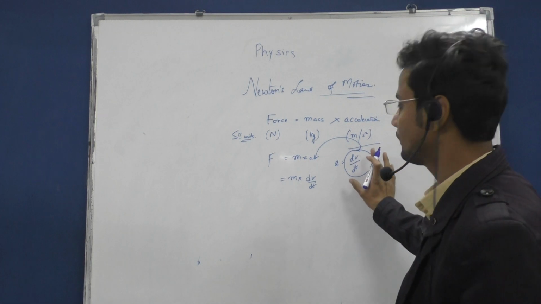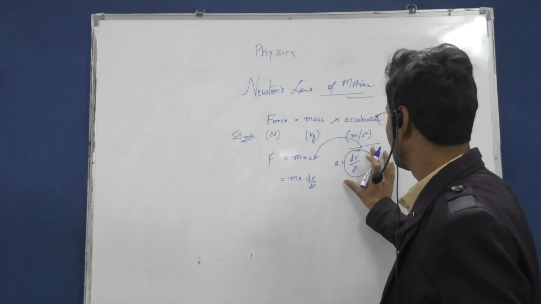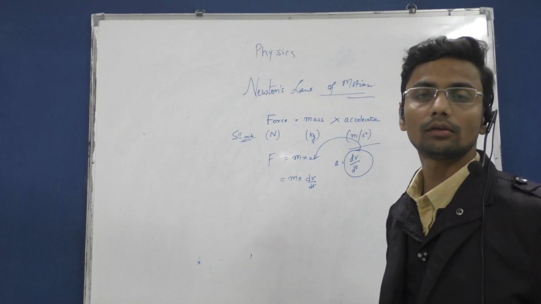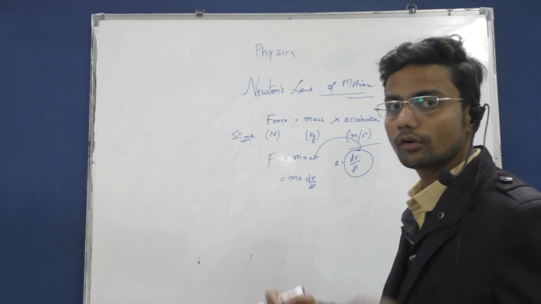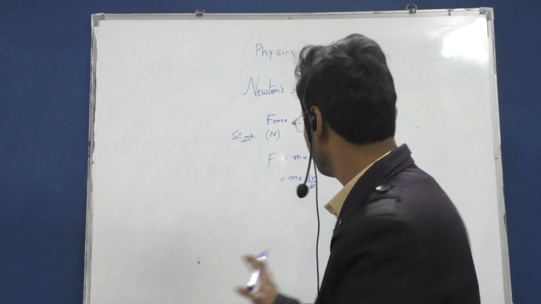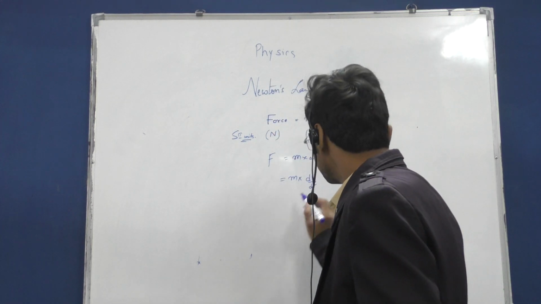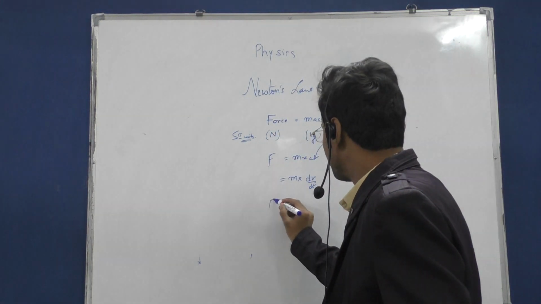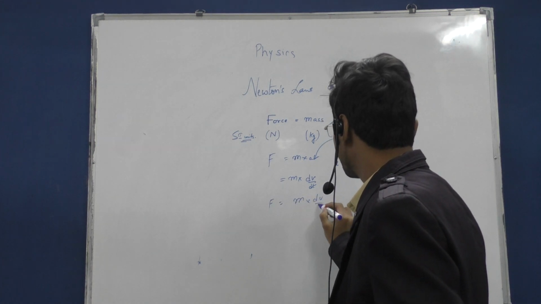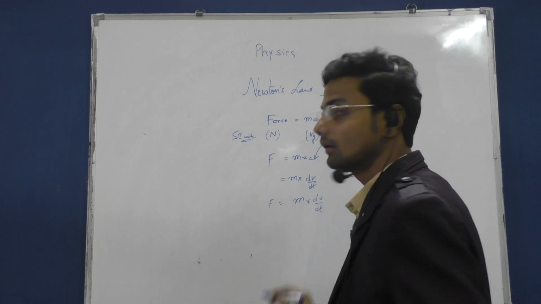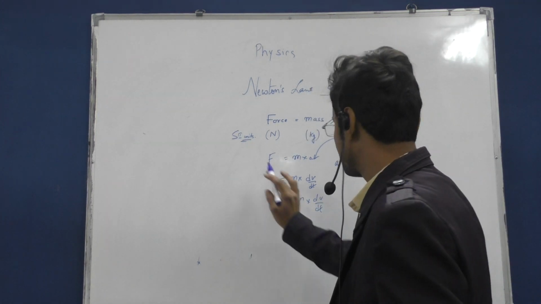We have just written the value of acceleration and substituted it into this, because acceleration is always the rate of change of velocity with respect to time, right? Now, I write F equals m into dv by dt; I have simply rearranged things in terms of F.